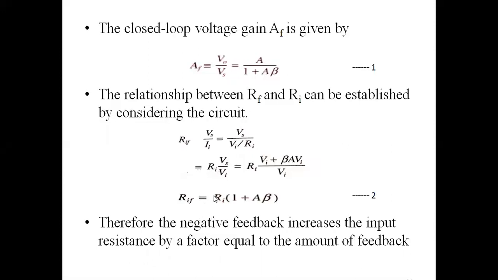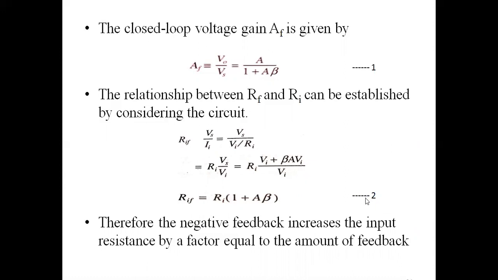So the feedback resistance RIF is equal to Ri into, taking Vi common, Vi gets cancelled, and what remains is 1 plus A into beta. Call this equation number 2.